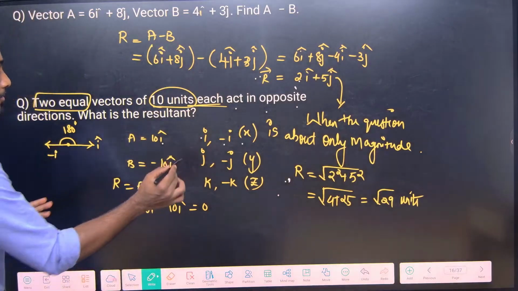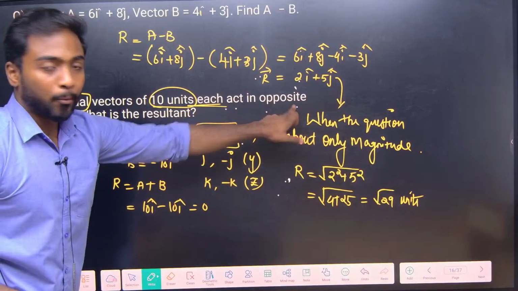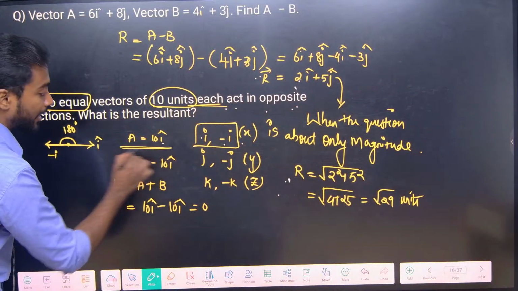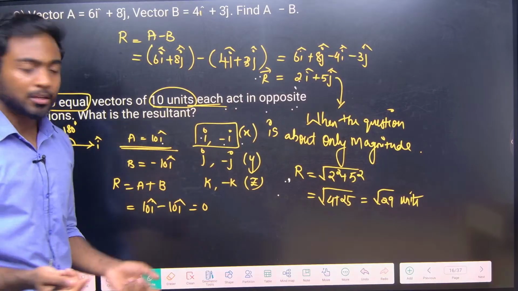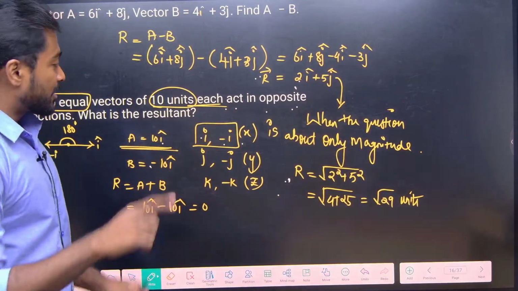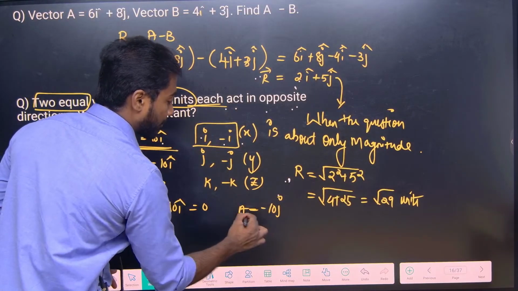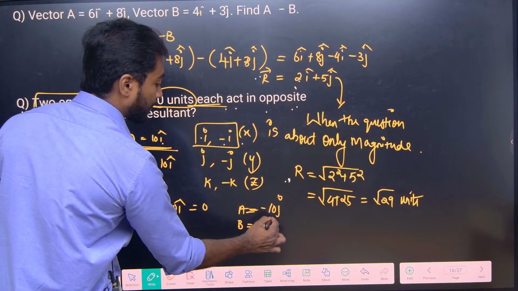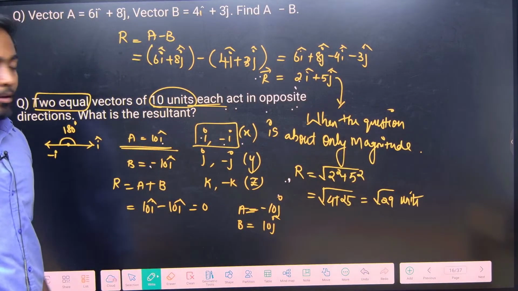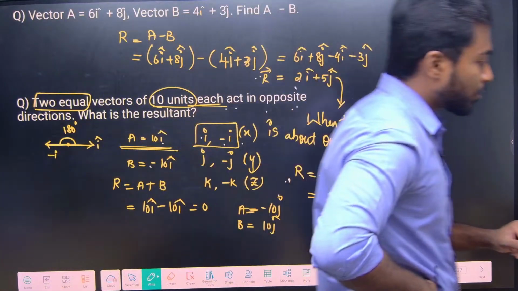So I have taken this as my reference point. Act in the opposite direction, which means if I take A equal to 10 i cap, then B will be in the opposite direction, minus 10 i cap. Suppose I consider A equal to minus 10 j cap, which means B will be equal to 10 j cap. Got it? So I need to consider the opposite direction. I guess you got it, no?